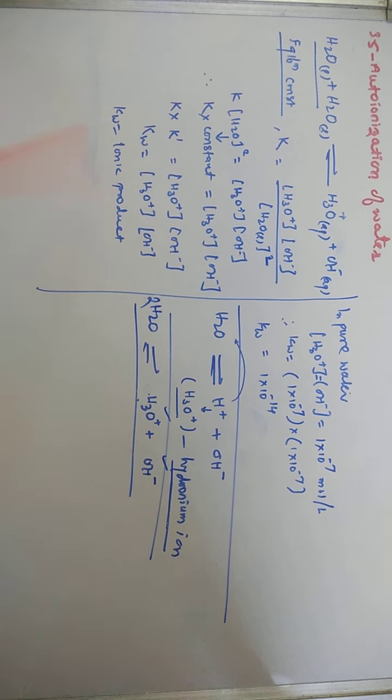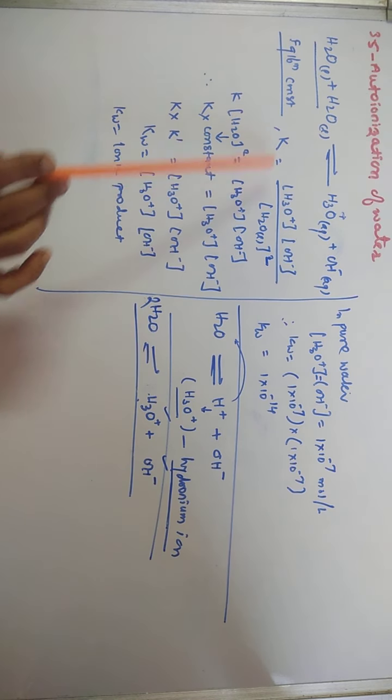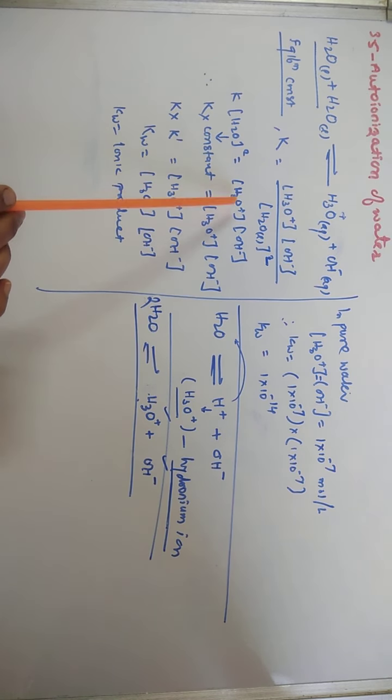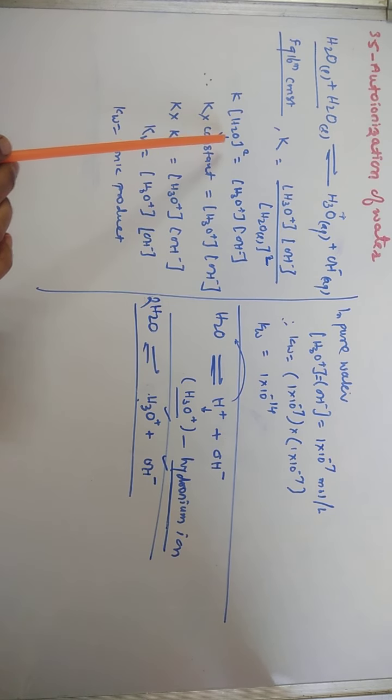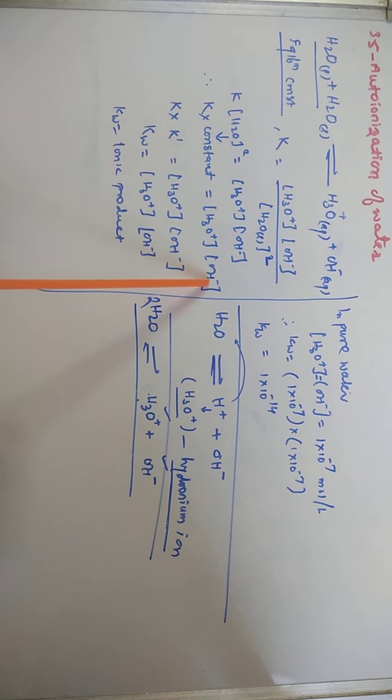Now rearranging, K into the denominator equals these two terms in the numerator. But H2O is in large quantity and the ionization is to a small extent, so H2O is taken as a constant. Constant square is constant. The rest of the equation is as it is.